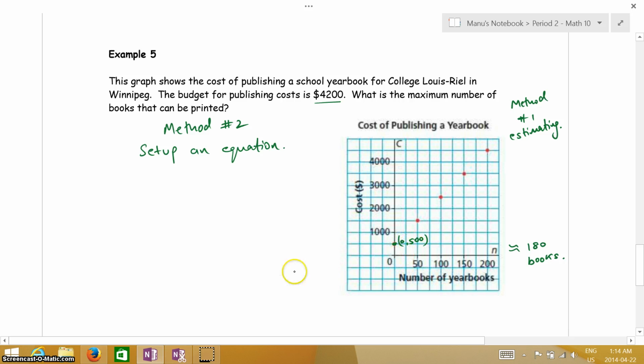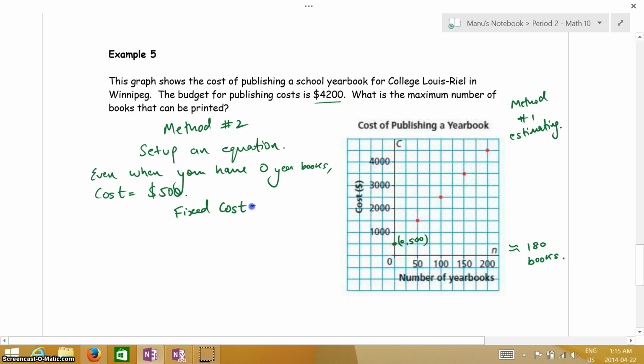So what this is saying is that even when you have 0 yearbooks, the cost is $500. So what this means is that the fixed cost is $500.